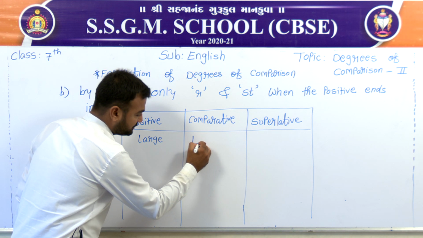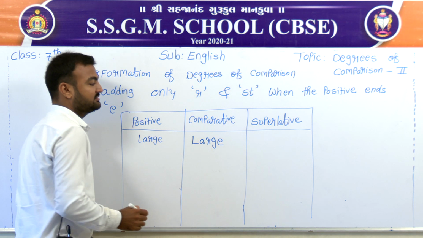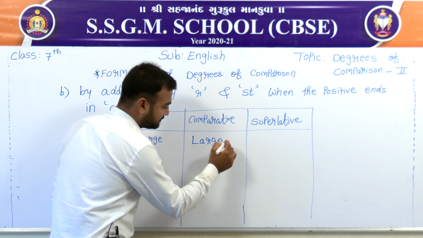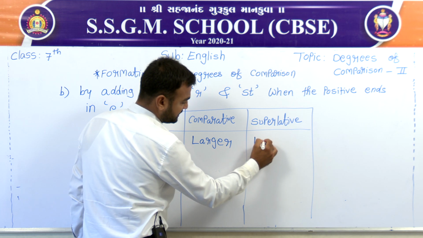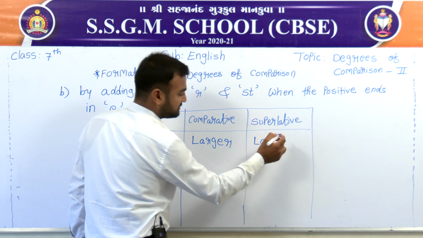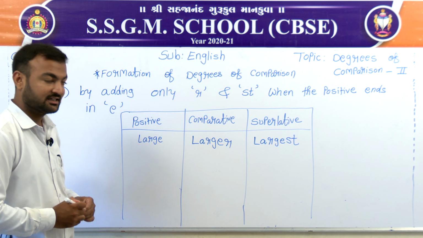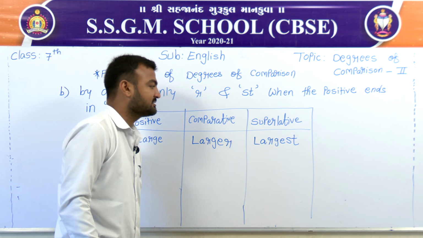You just write it as it is, large, then add only R to the comparative, that means larger, and then ST, that means it becomes largest. So the degrees form like this: large, larger, largest.